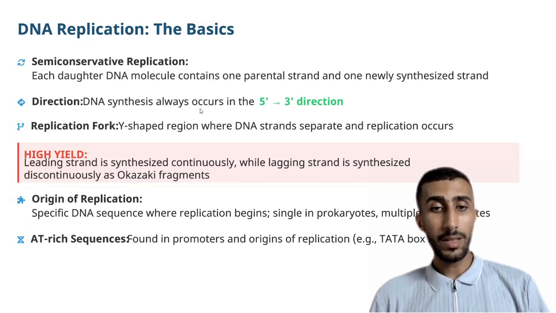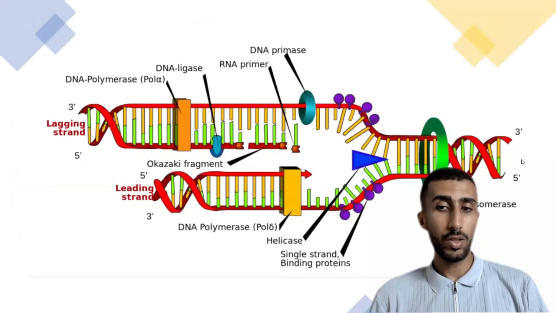Next is the direction. The DNA synthesis occurs in the 5' to 3' direction. So we have two strands, one running from 5' to 3', the complementary strand running from 3' to 5'. First, the chain of events starts with the enzyme topoisomerase, which breaks the outer bonds to make our strands smooth, for the helicase enzyme to cut it into two separate parent strands. Then come the single-stranded binding proteins, whose function is to prevent re-annealing.